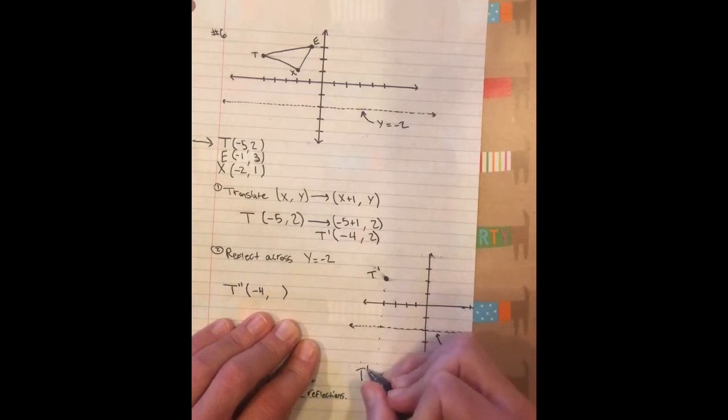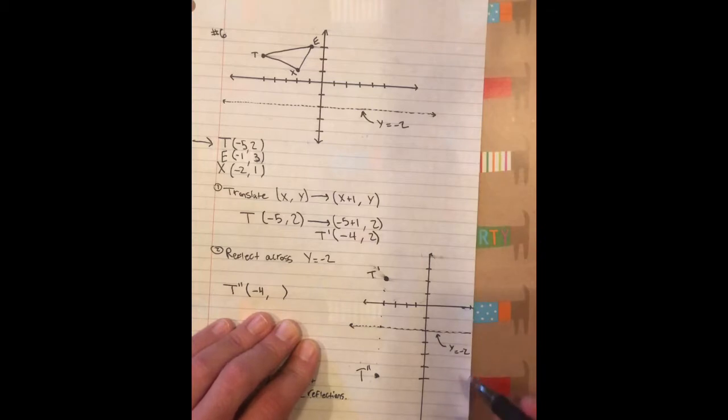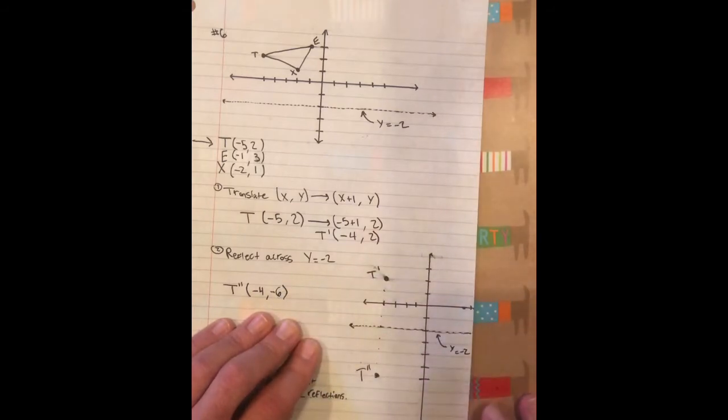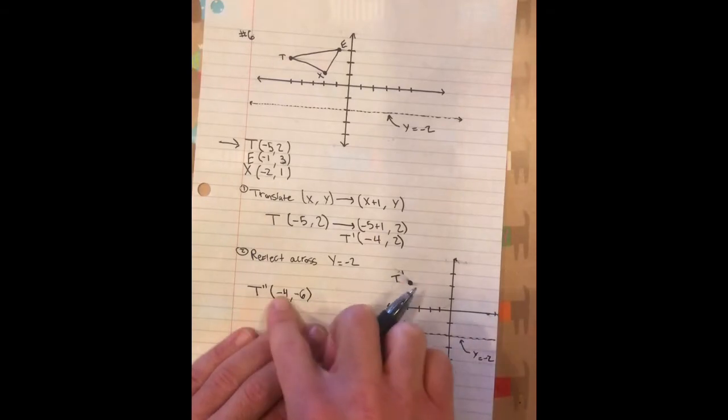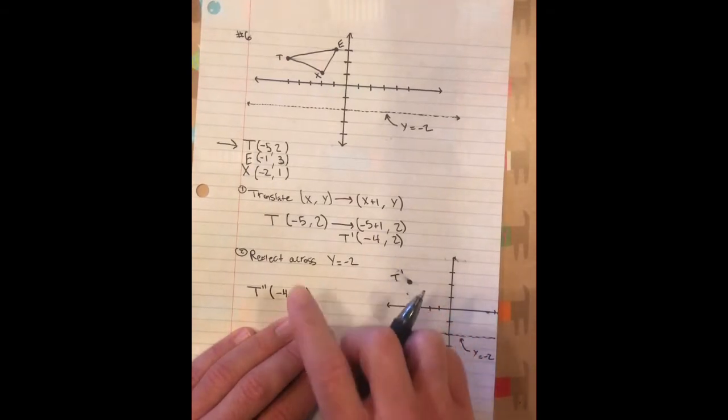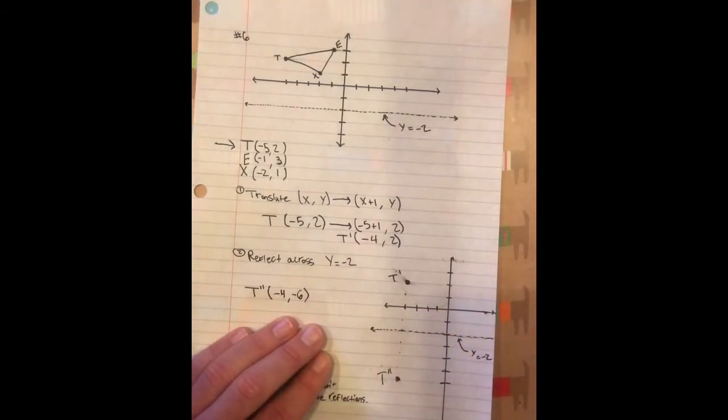This will be T double prime. What is that y value? -1, -2, -3, -4, -5, -6. So our y value will be -6. So what are T double prime's coordinates after reflecting? -4, -6. I hope that was very clear.